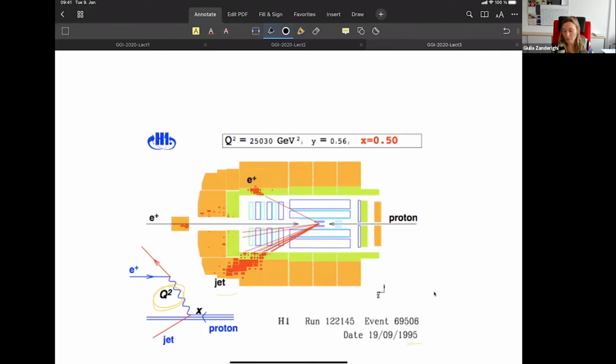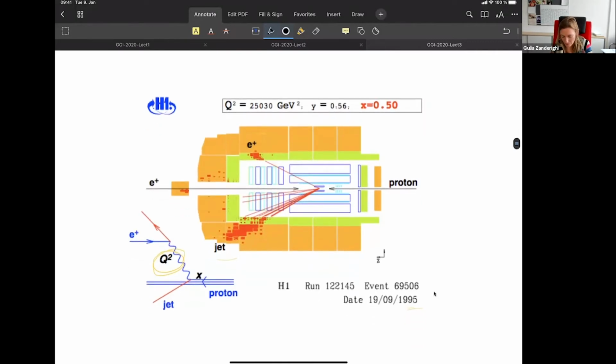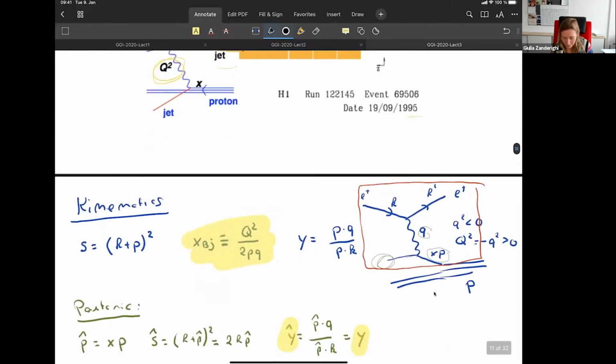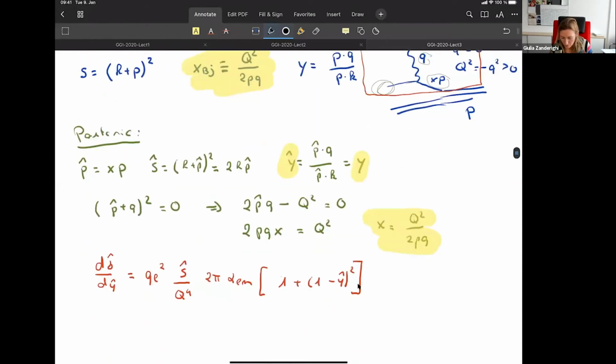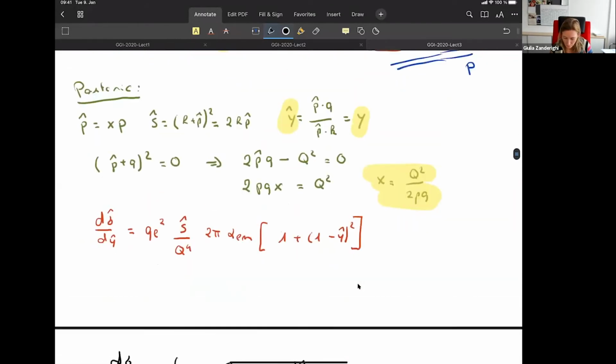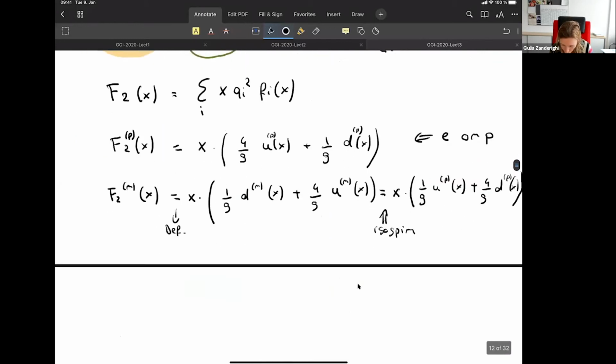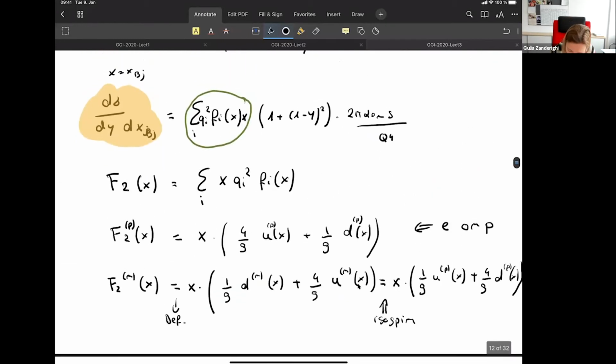Experimentally, people started these deep inelastic scattering experiments at many different values of the center of mass energy, different values of Q and so on, and then performed these combined fits of distribution functions. And you can see that you can at the end get a lot of information on the quark content of this.